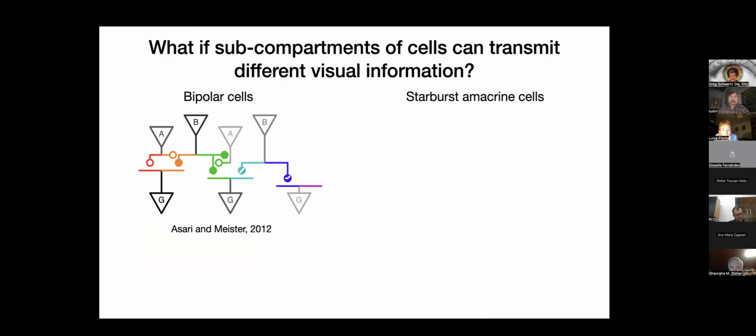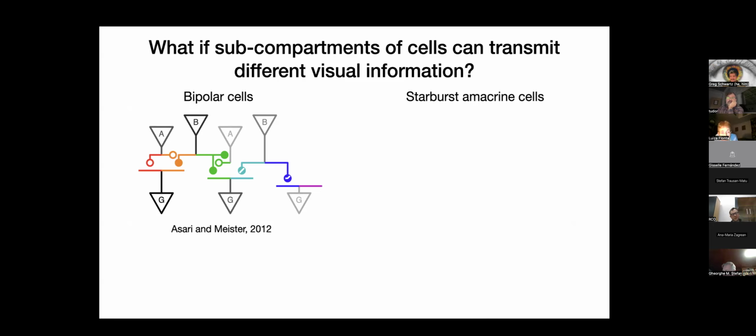And the idea, as you can see in this colored schematic here, is that a single bipolar cell, the excitatory interneurons of the retina that transmit information from the photoreceptors to the ganglion cells, could actually split functional information between different ganglion cells. So no longer is the bipolar cell itself considered the functional unit, but a piece of it is. Now, these bipolar cells are shown as if they only have like two outputs.